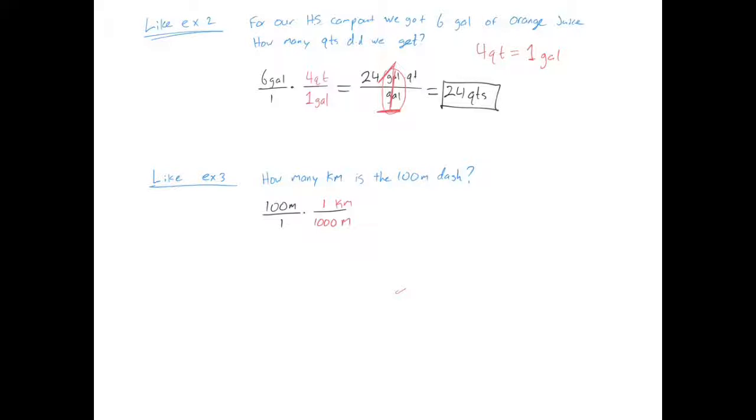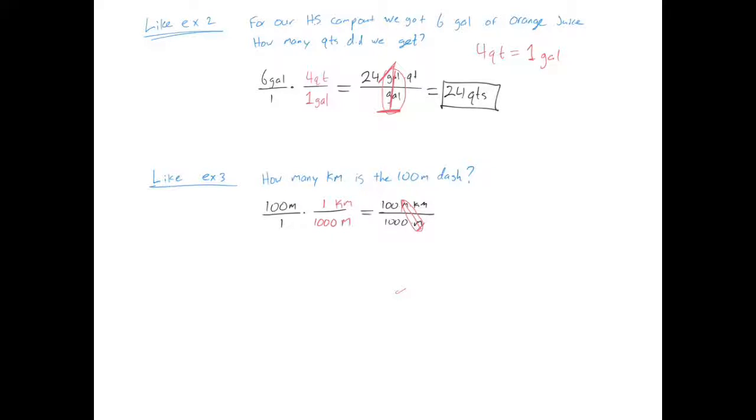So now let's multiply. This is going to equal 100 meters times kilometers over 1,000 times meters. Again, these meters right here are just a 1.